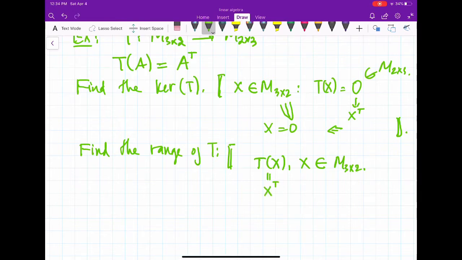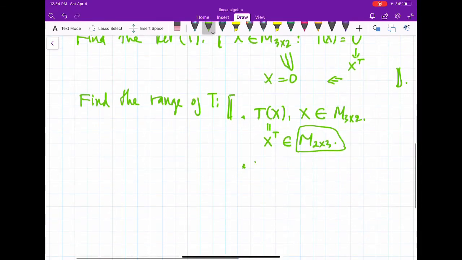So if X is in M3 by 2, then X transpose should be in M2 by 3. So what can you say about the range of T? You might think, yes, that is the whole space M2 by 3. In order to show that, you need to do the following.